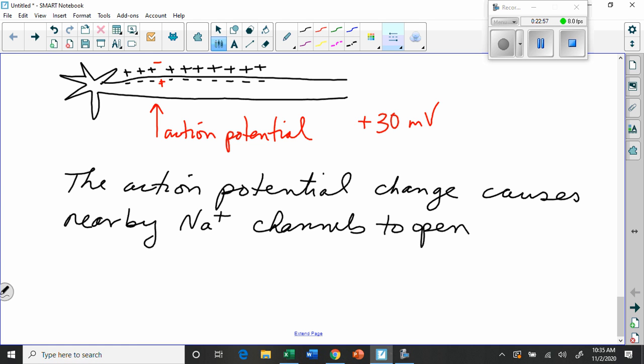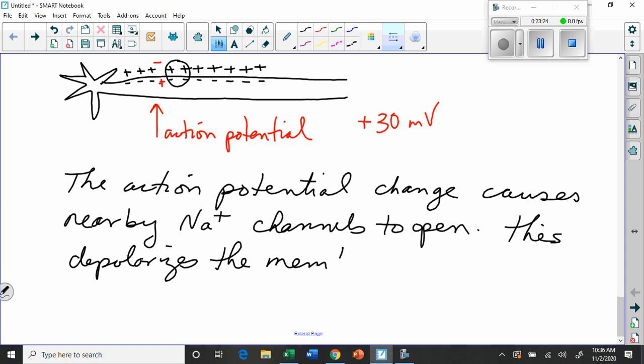That means that if you go one step over and you look at what's happening sort of in this region, sodium channels are beginning to open, and the sodium is beginning to depolarize the membrane there. So it's like a domino effect. All right? This depolarizes the membrane ahead of the action potential.